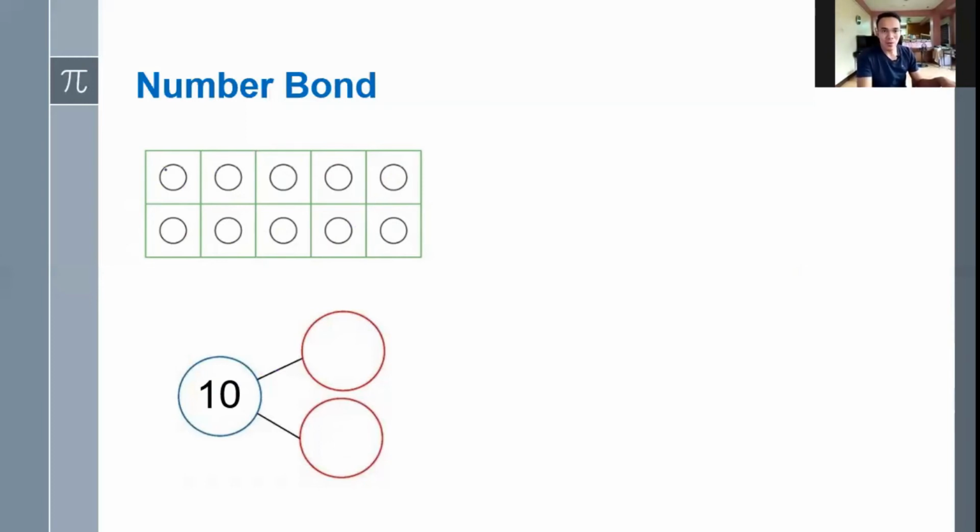In this example, I'm going to cross out 3 circles. 1, 2, 3. 3 circles are being crossed out. So I'm going to write here 3. How many circles are not crossed out? Let's count. 1, 2, 3, 4, 5, 6, 7. I'm going to write here 7. 3 and 7 make 10.